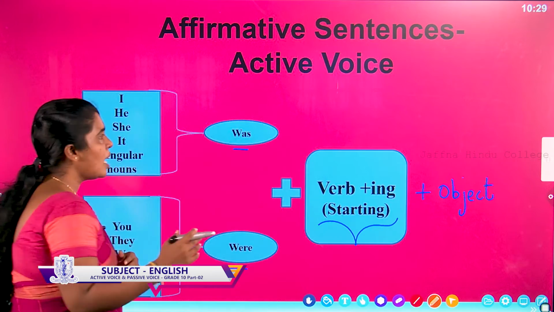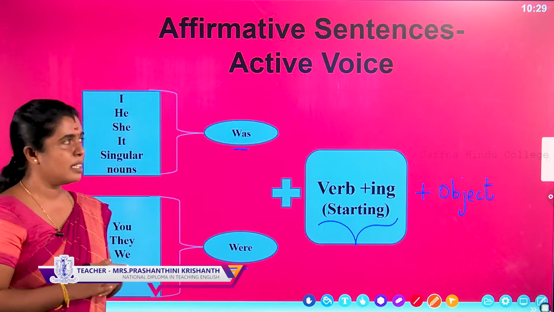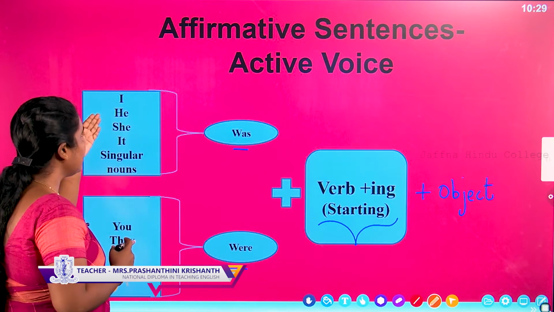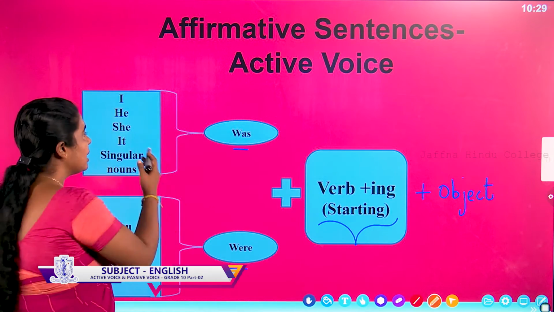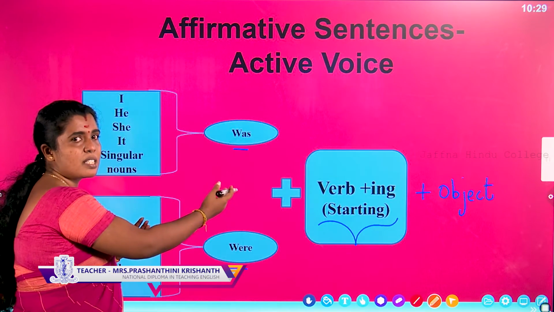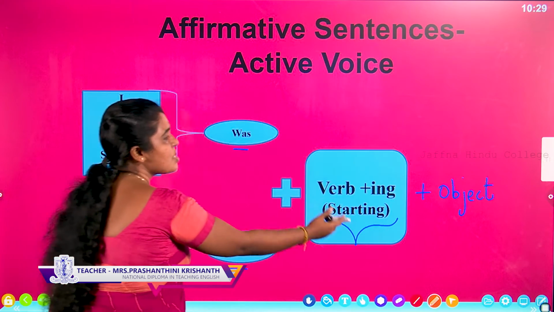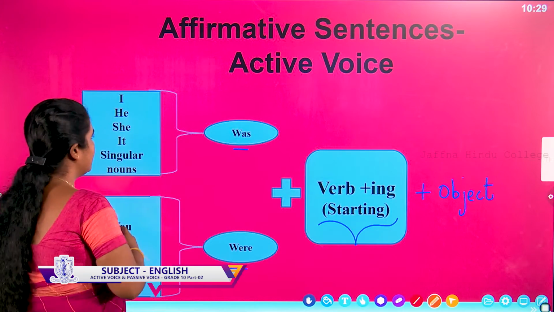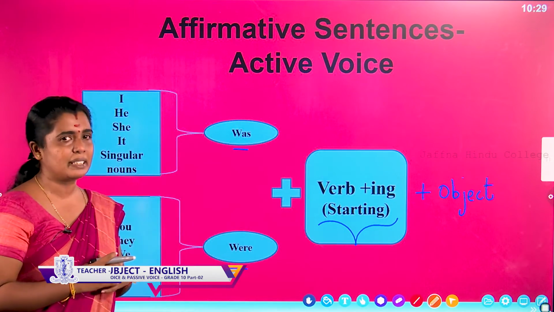All right. Now, where can we use the helping verb was? For I was, he was, she was, it was, the boy was. Now let's explain: I was starting, he was starting, she was starting. Like that you can practice.